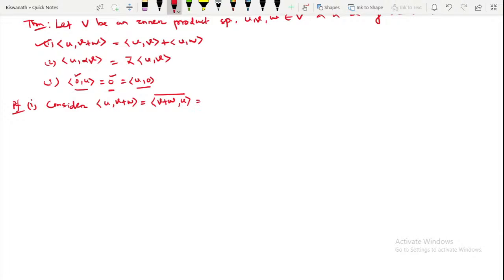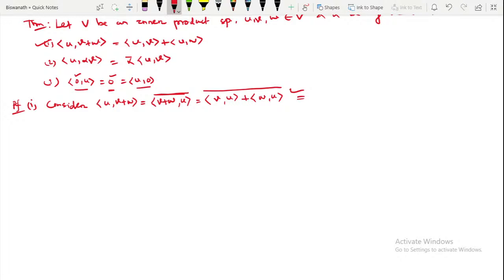Now we can write this as the inner product of v, u plus the inner product of w, u, with the whole bar over it.